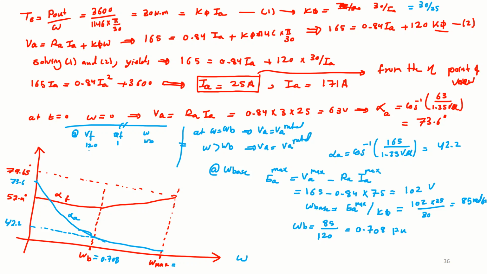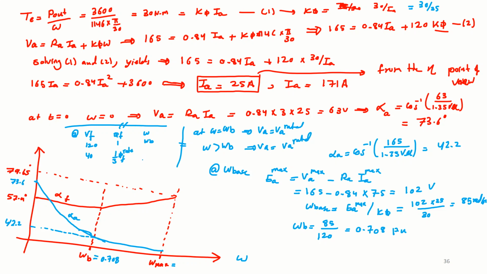Now when the voltage is reduced to 40 volt, this means that the flux is reduced to 1 over 3 of the rated value.